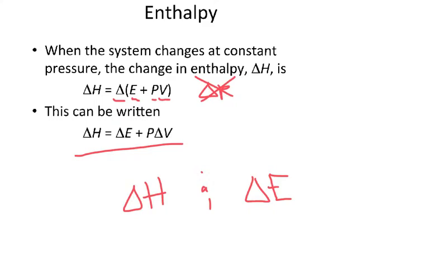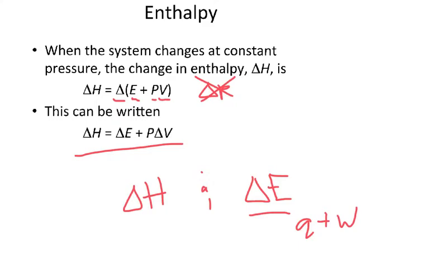The thing that's different about them, however, is that delta E is the measure of all of the energy exchanged with the surroundings, so both heat and work exchanged, whereas delta H is only a measure of the heat exchanged under constant pressure.